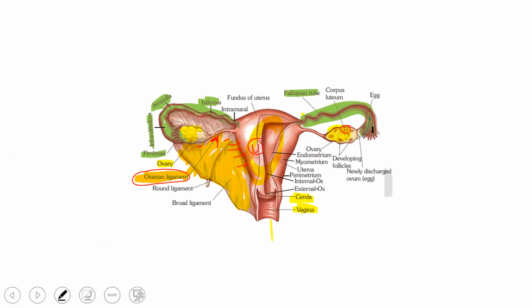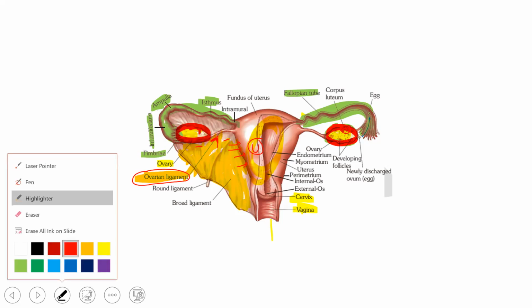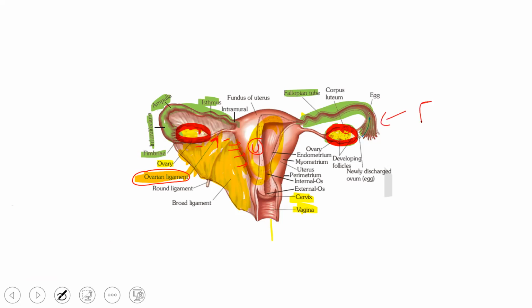Got it? So this is connected to the ovary. There are ovaries here, and also over here. Then it is in contact with the fallopian tube, or oviduct. There are two ovaries and two oviducts.